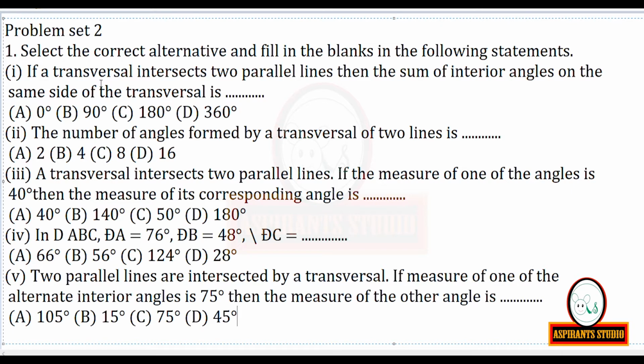Now coming to problem set 2, first question. Select the correct alternative and fill in the blanks in the following statements. So the first one, if a transversal intersects two parallel lines, then the sum of interior angles on the same side of the transversal is dash.